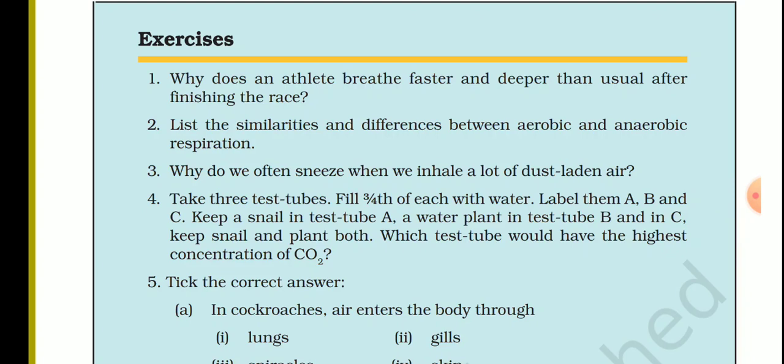In test tube C, a plant is also present with the snail, so it consumes that CO2 which is expelled by the snail. So the amount of carbon dioxide in test tube C decreases.